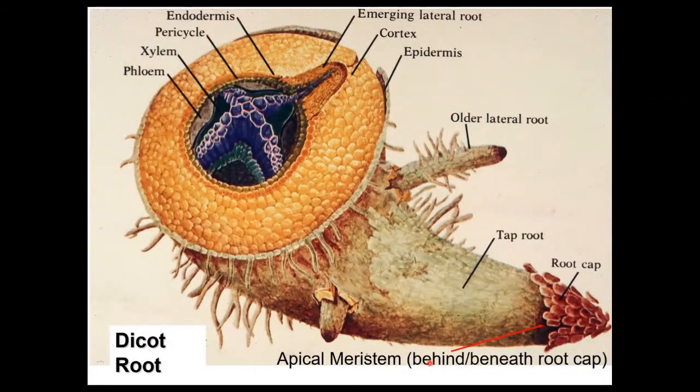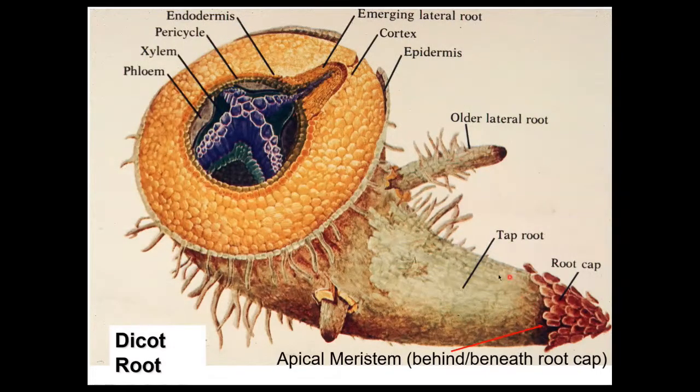Now, this is a tacky little drawing, but I like it. It's useful. It shows the root cap protecting the apical meristem underneath, and we're going to look at that again a little bit. Then we have the root hairs in the differentiation region and a lateral root coming out. So at this point, there's some elongation.